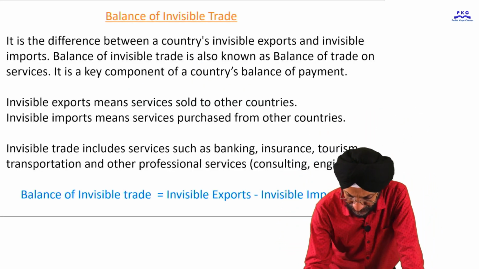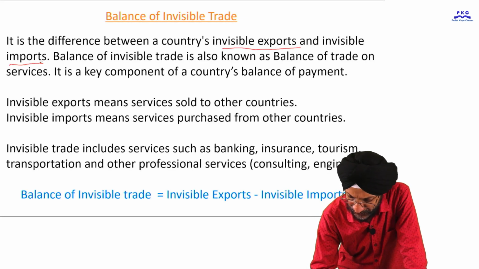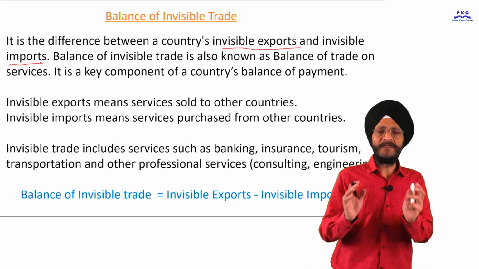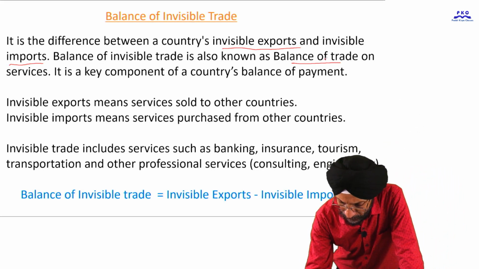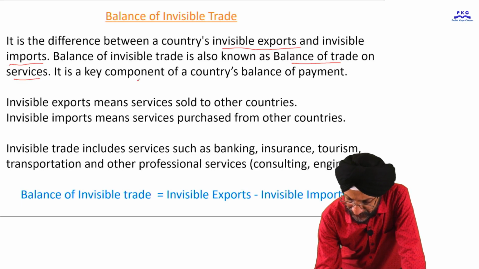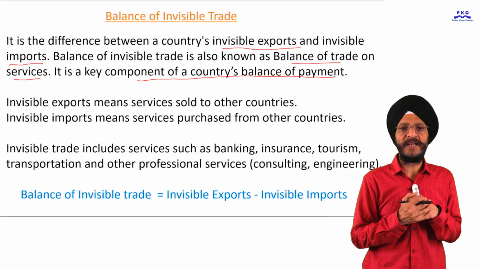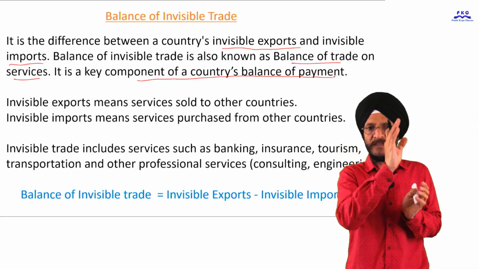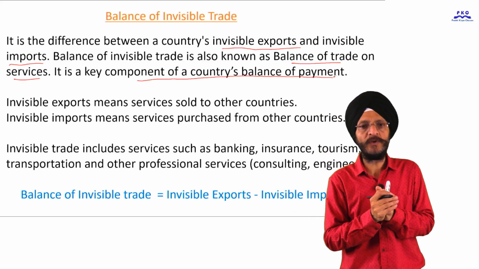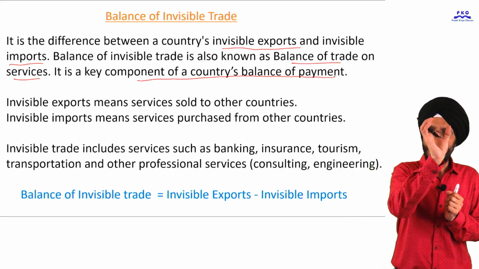So it is the difference between a country's invisible exports and invisible imports. Balance of invisible trade is also known as balance of trade on services. It is a key component of balance of payment. We discussed that balance of payment has three components: current account, capital account and financial account, and balance of invisible trade comes under the head current account.